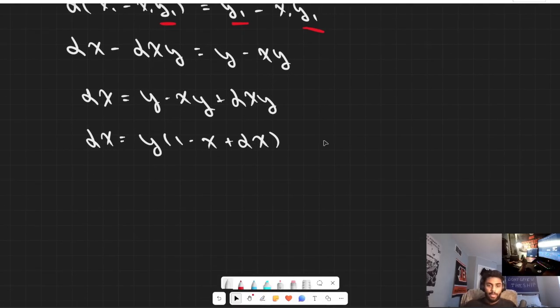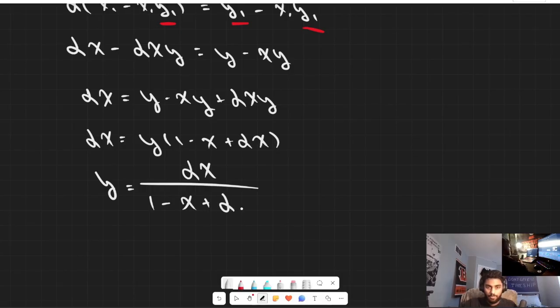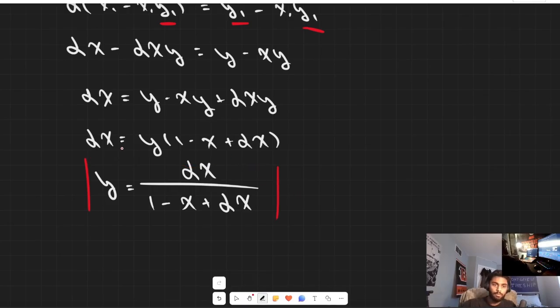So finally what we get is that our y, our vapor phase mole fraction of this more volatile component, is equal to the relative volatility times our liquid phase mole fraction over 1 minus the liquid phase mole fraction plus the relative volatility times our liquid phase mole fraction. So what we have here is our vapor phase mole fraction in terms of our liquid phase mole fraction and our relative volatility.